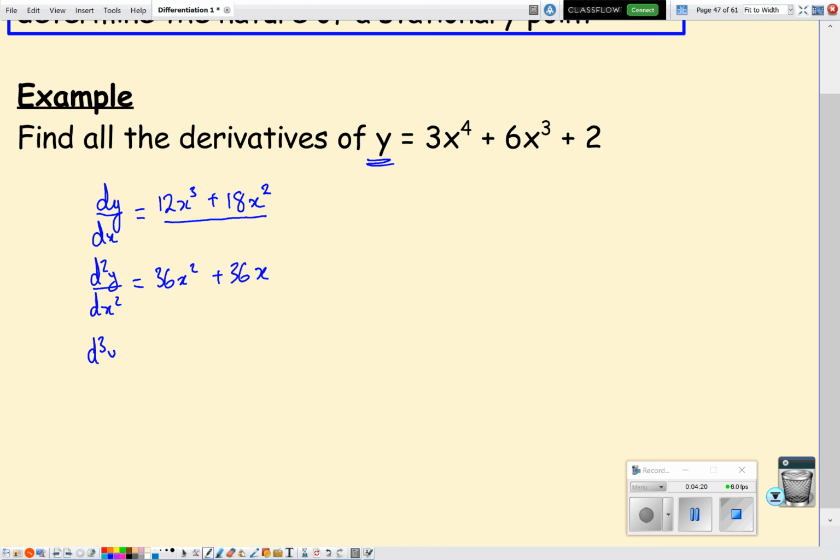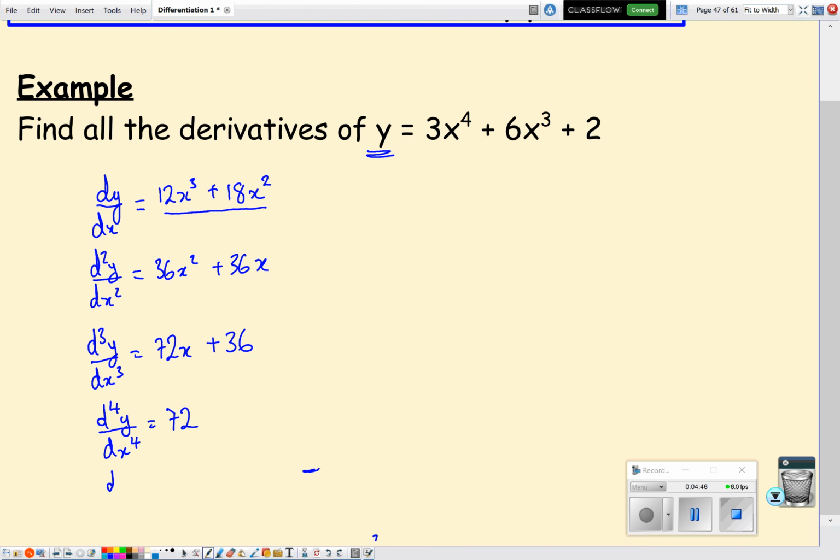Third derivative, 2 36s are 72, so 72x plus 36. Fourth derivative, d4y by dx to the power 4. Fourth derivative is just 72. And the fifth derivative is 0.